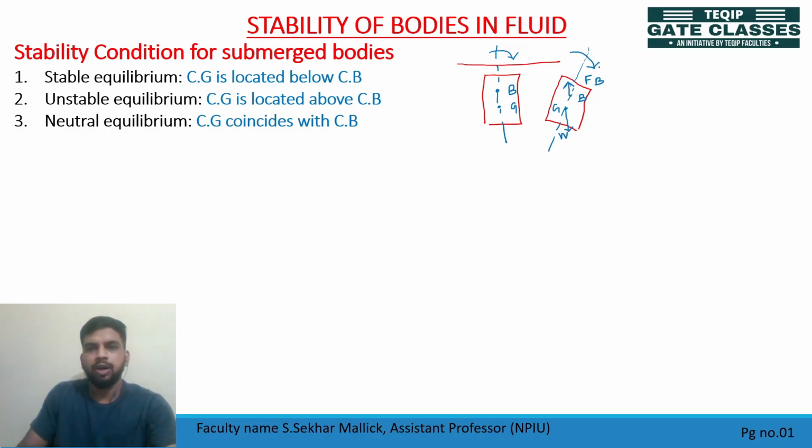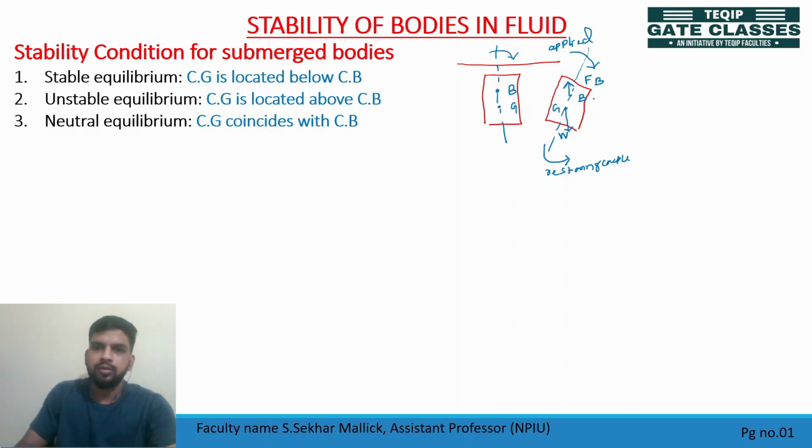Opposite to the applied torque, there will be a restoring couple, because of the buoyant force and the weight W. So this is your restoring couple, and this is the applied torque.